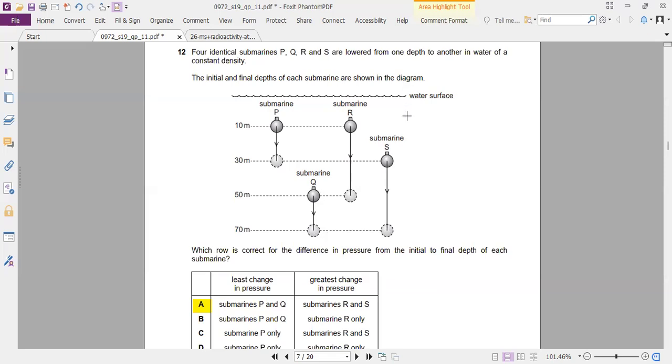Very interesting question. We have water surface for submarines, and difference in pressure from initial to final depth of each submarine.